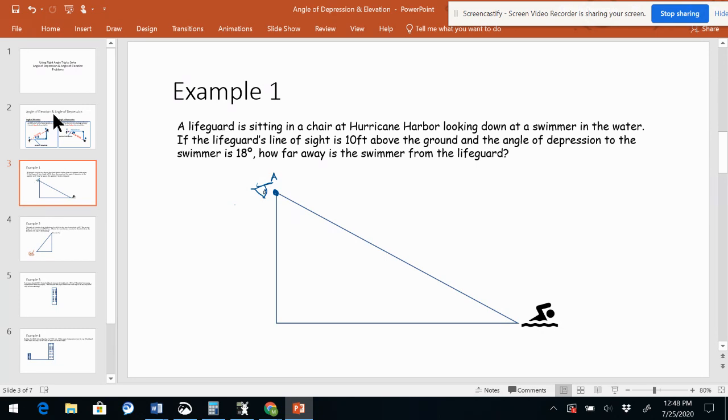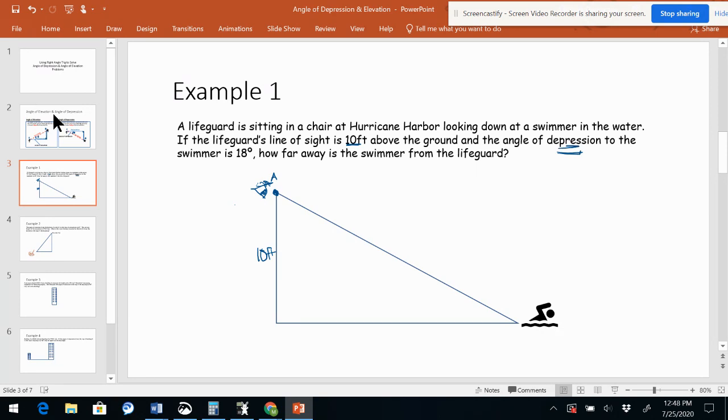If the lifeguard's line of sight is 10 feet above the ground, we can label this as 10 feet, and the angle of depression to the swimmer is 18 degrees. How far away is the swimmer from the lifeguard?